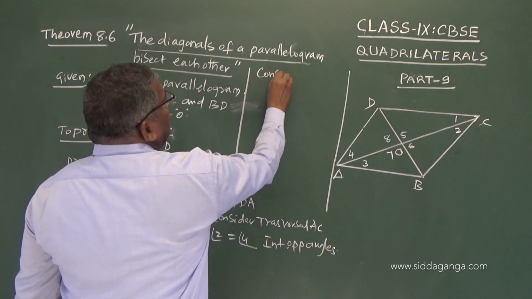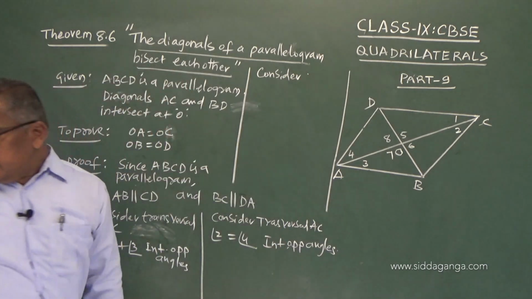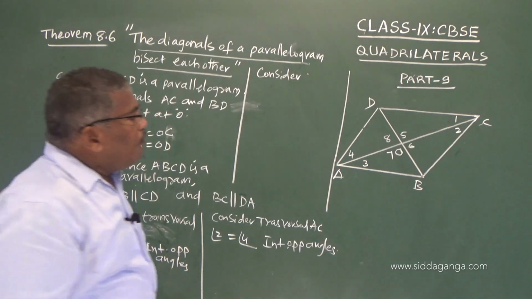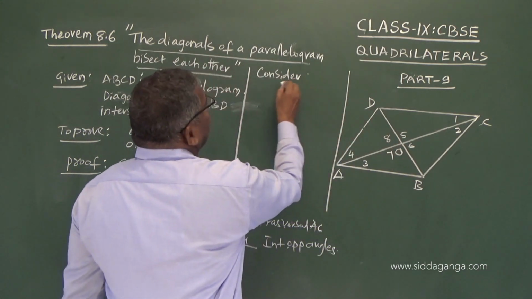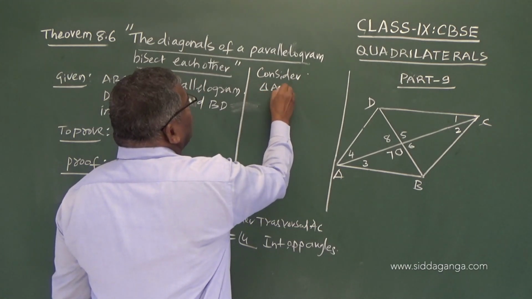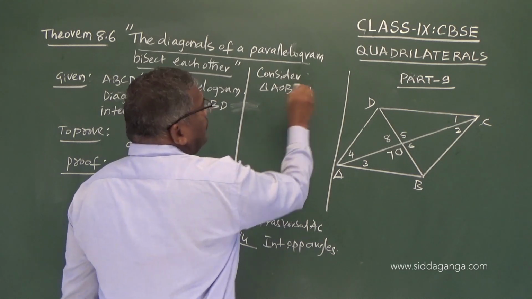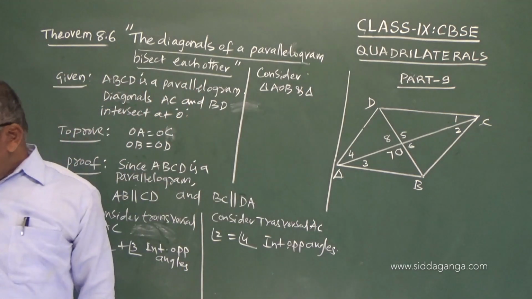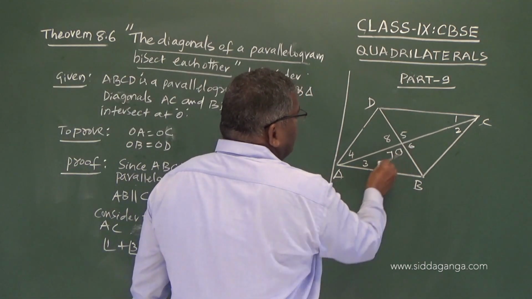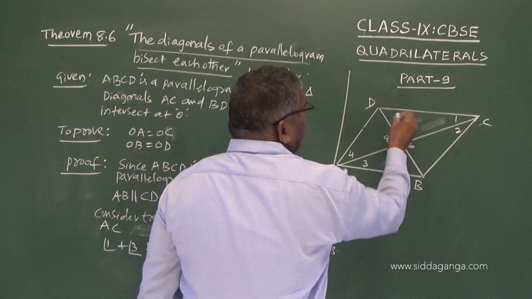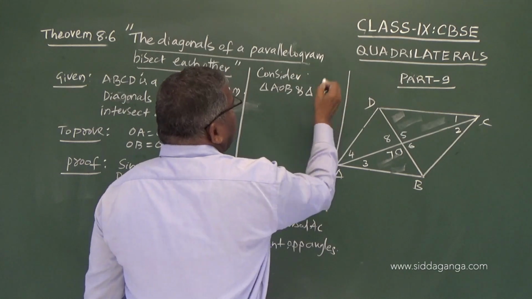Consider triangle AOB, observe here, triangle AOB and triangle COD, its opposite triangle, triangle COD.